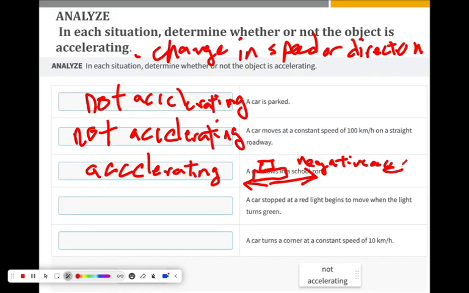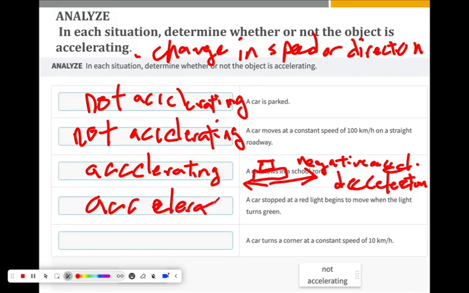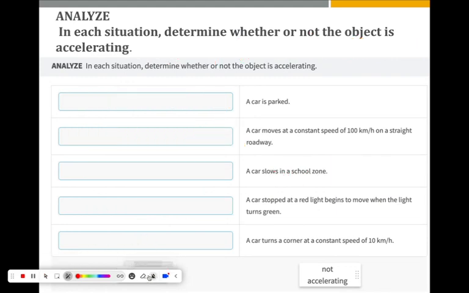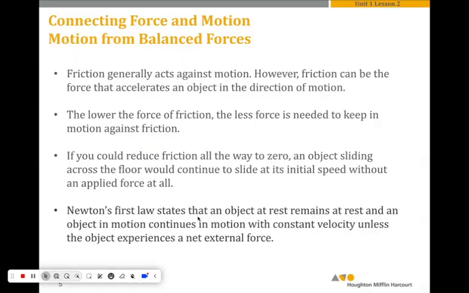You might also say it's a deceleration if it's slowing down. A car stopped at a red light begins to move when the light turns green, accelerating. A car turns a corner at a constant speed. You tell me that one. Accelerating or not?